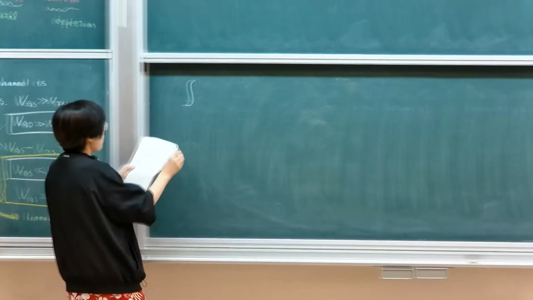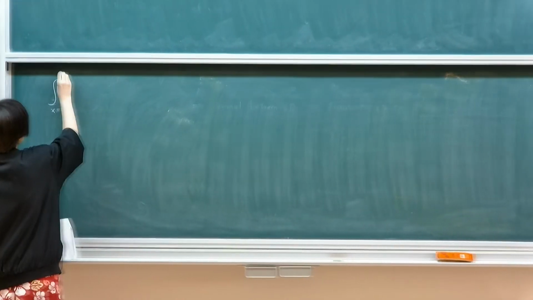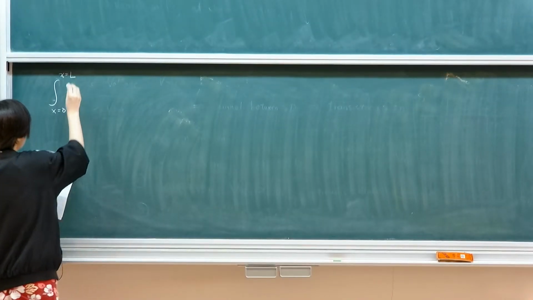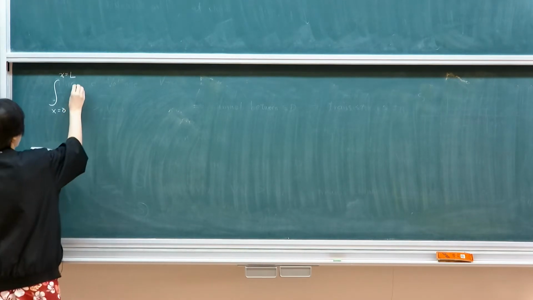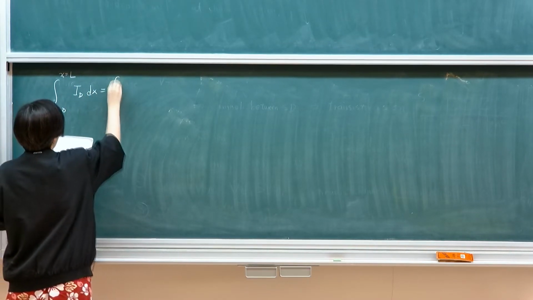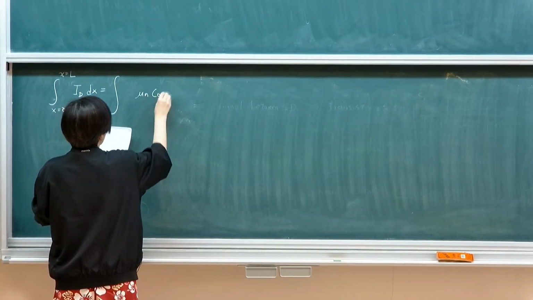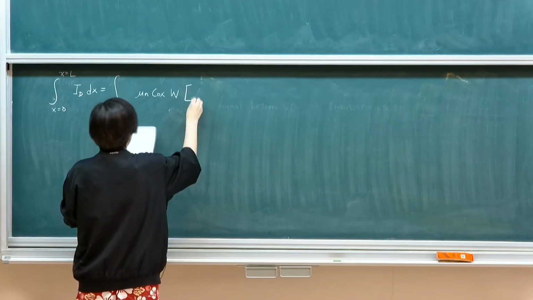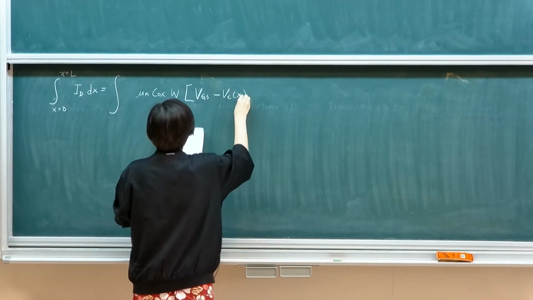So I'm going to do the integral from the left to the right. It looks a little weird, but I'm integrating the drain current, even though it's uniform, from x equals 0 to x equals L. And then the other side of the equation will correspond to the voltage from the left to the right.